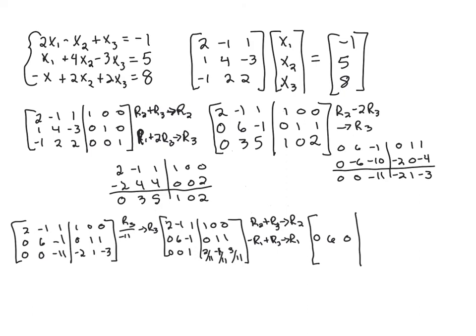Okay, now being very careful. This is 0, this is 11, 11, and 11, 11. So when I'm adding these guys, I'm going to get 2 over 11, 11 minus 1, and 11 plus 3, all over 11 here. Sorry, doing things in my head. 11 minus 1 is 10, and 11 plus 3 is 14.